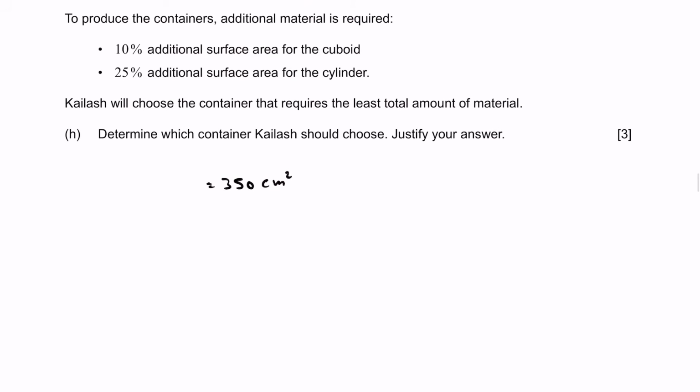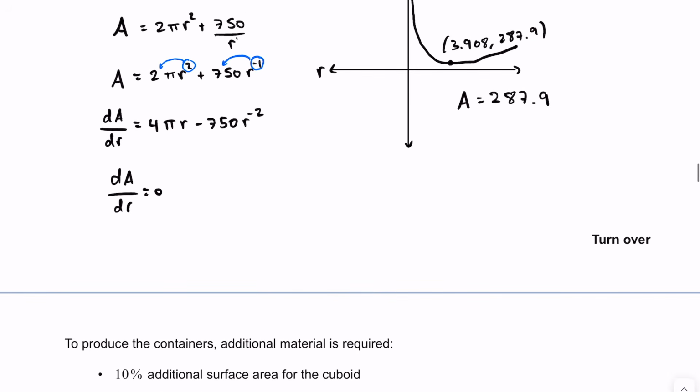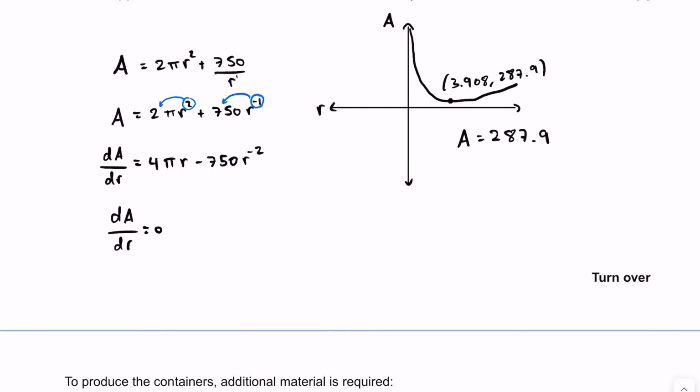So let me write this as SC, surface area of the cuboid. And then, that's not going to work because we have a cylinder. So let's call this S1. And then S2 we'll call the cylinder, which we had equal to 287.9.